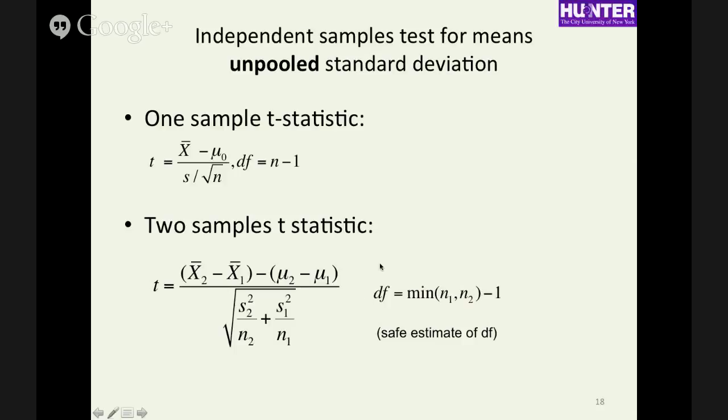And this degrees of freedom is just a safe estimate. If you use your software, it's a bit complicated how it calculates the degrees of freedom. So if you happen to be doing it by hand, this is just an easy way to estimate your degrees of freedom. This is with unpooled standard deviation.